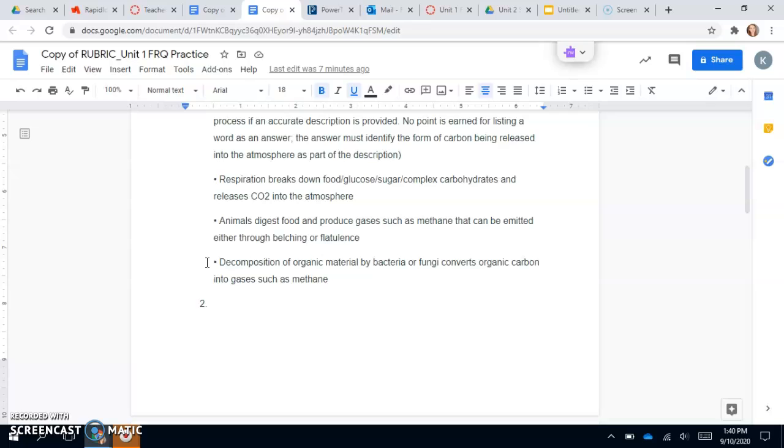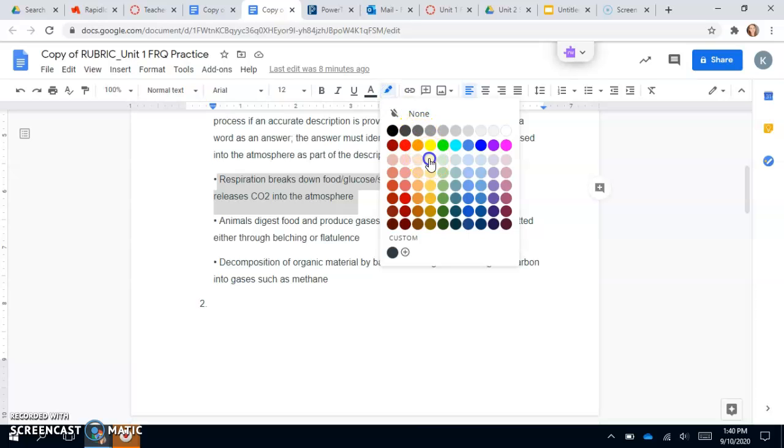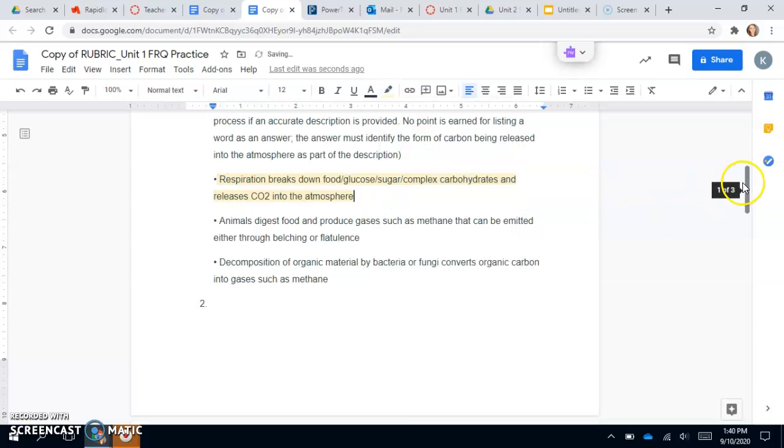But at this point in our course, the most likely one that you guys would have is respiration breaking down the food, because we know about photosynthesis and respiration, right? We should. It's a review from biology.